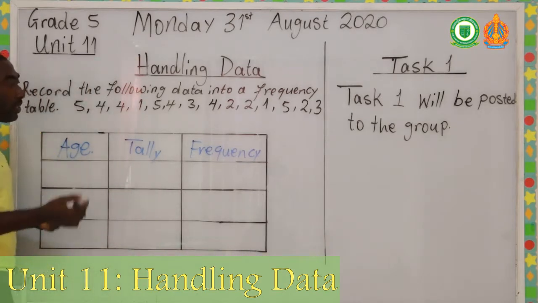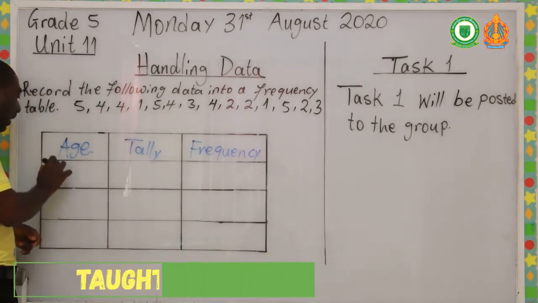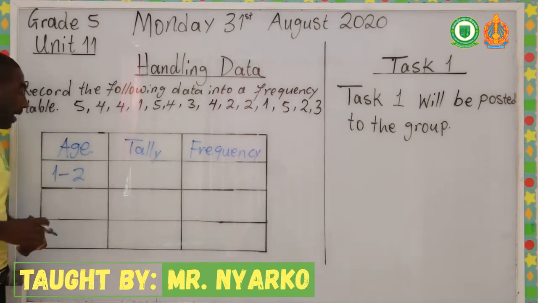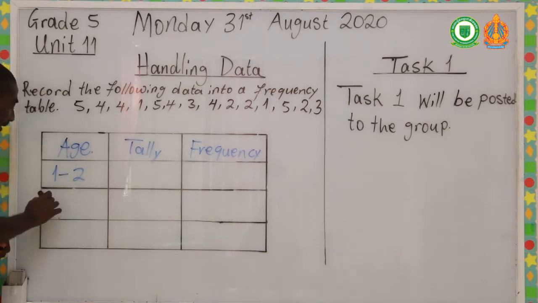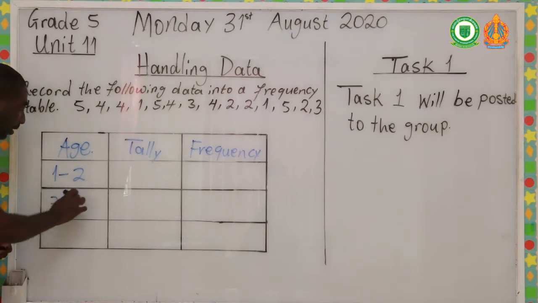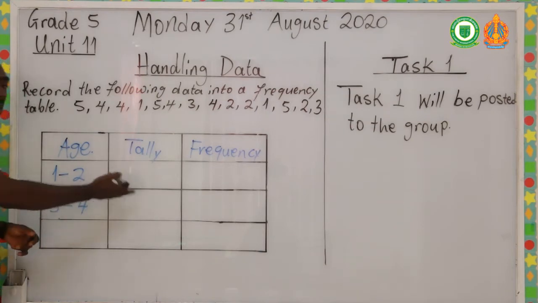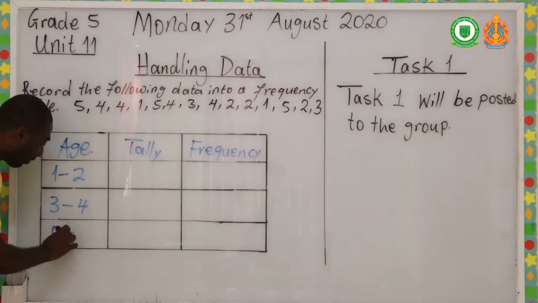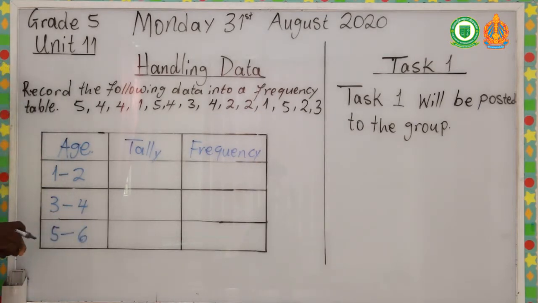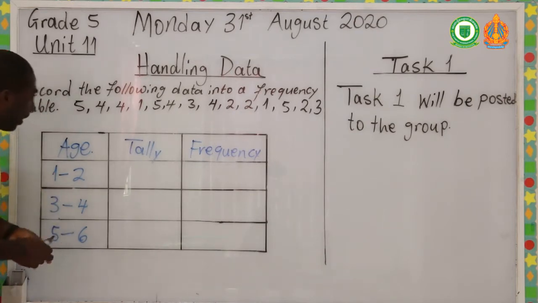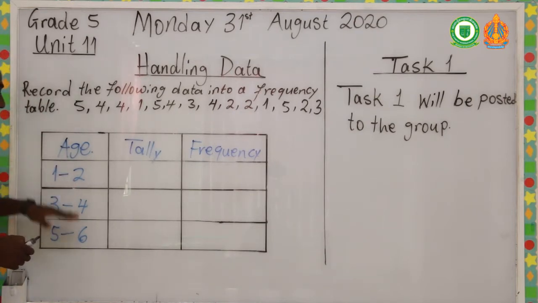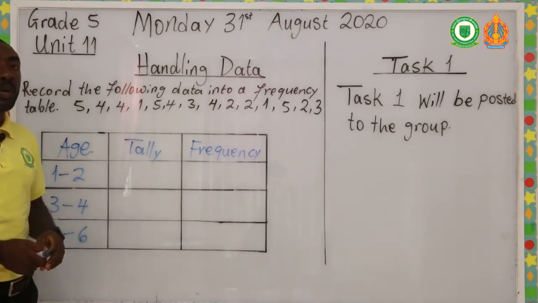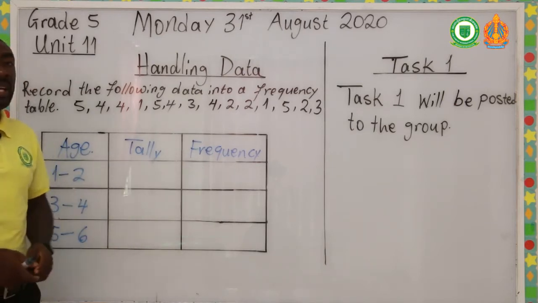We're going to say that ages 1 to 2 will take this column, and the next column, 3 to 4, will also take this column. And the next one, 5 to 6, will also take this column. So now we've set the ranges for our age, so we can go ahead straight away and do our tally and then get our frequency.